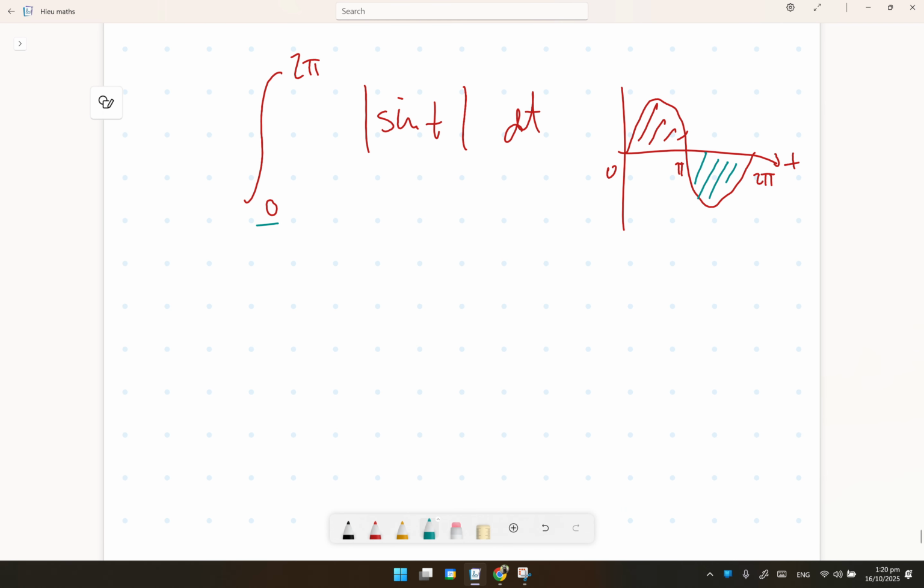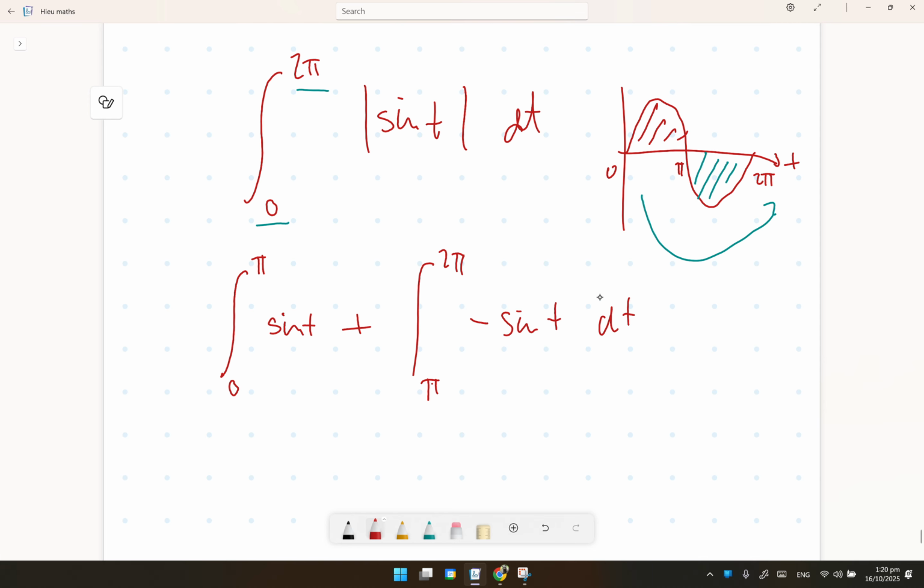And look at the limits, it would be 0 to 2 pi. So we have to split this integral into 2. If it was sine t, we would split this from 0 to pi of positive sine t plus from pi to 2 pi of negative sine t. That's how we do it.